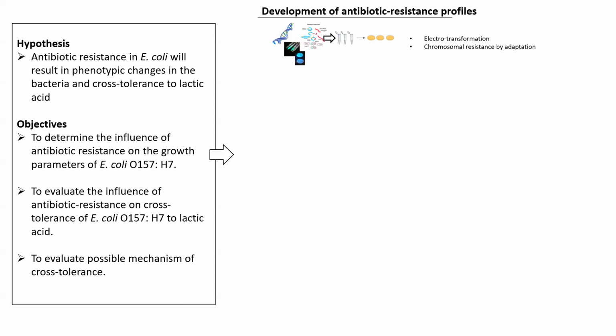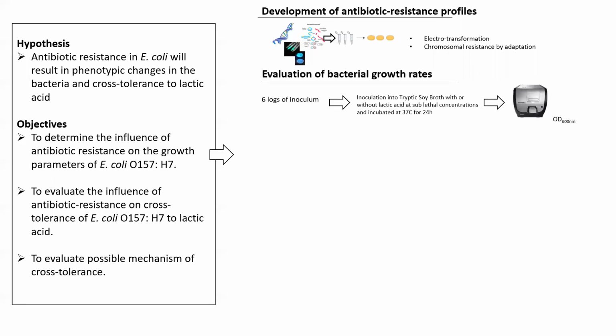And then another strategy was to adapt the bacteria to increasing concentrations of the antibiotics. By that means, we developed chromosomal resistance. And then, of course, we tested them on different media to see if we had actually developed this resistance. And then we evaluated growth rate.